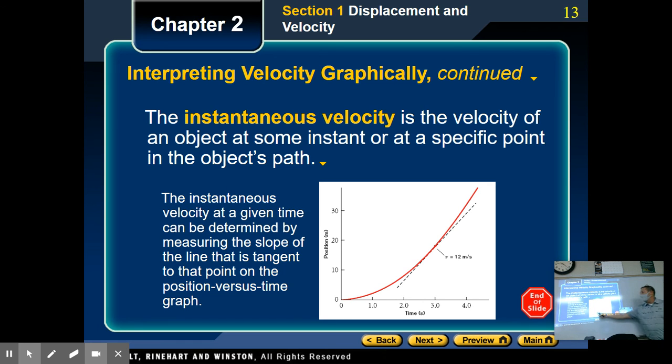Notice how we've got a curve in our line, so it might be a little difficult to pinpoint with our typical measures. Instead, we can take a line that is tangent to any point on that graph and measure the slope. That slope would then give us the velocity of that object at that exact moment in time.